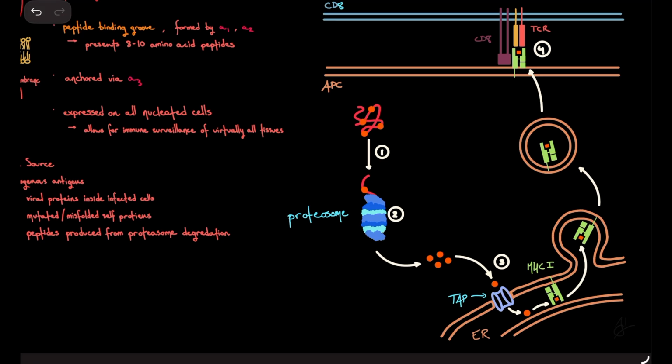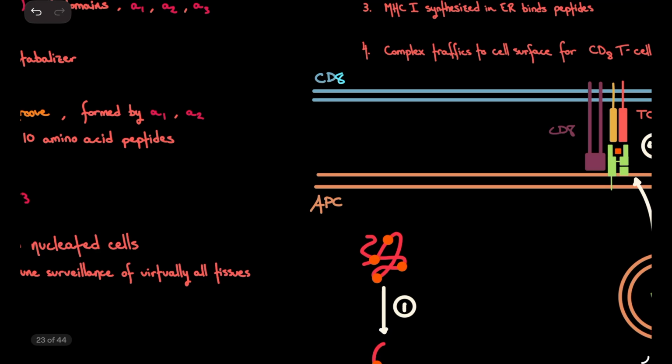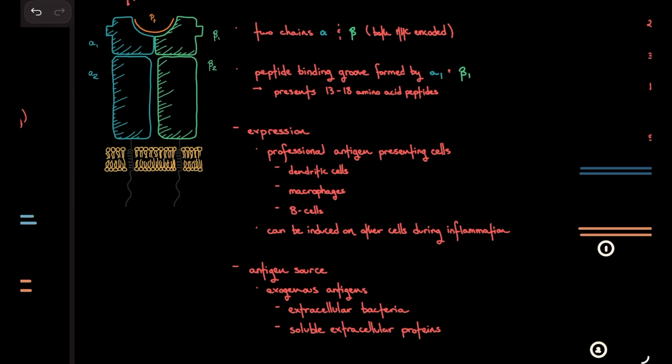So now it's pointed out into the world, into the extracellular space, hanging off the membrane, hoping that a surveying immune cell will deem it as problematic. So that's that CD8 MHC1 process there. Press on.